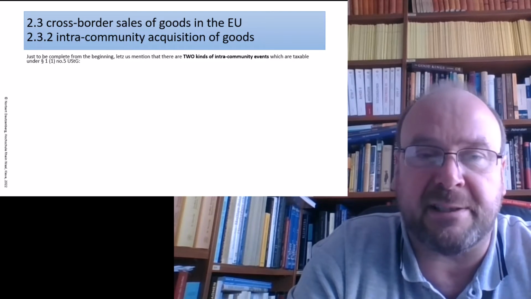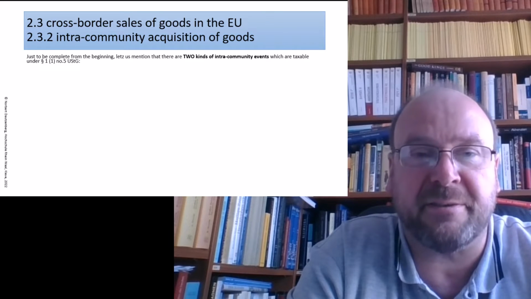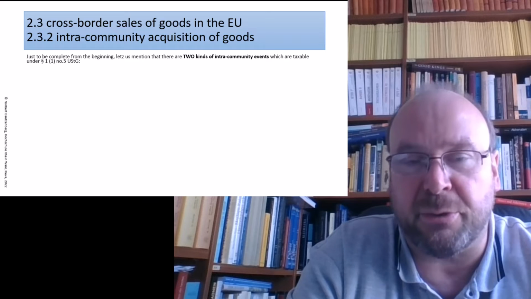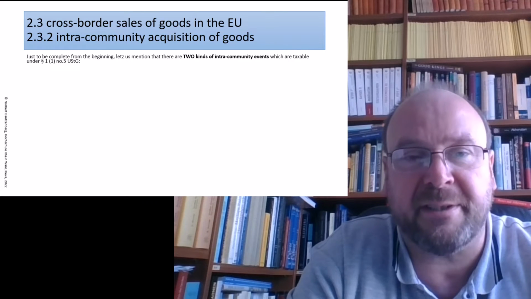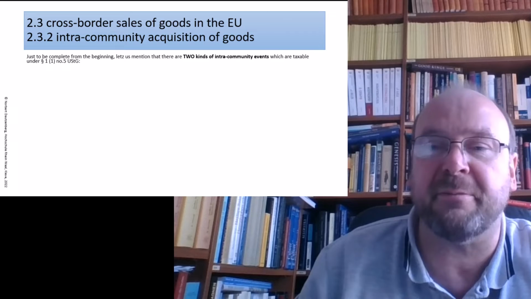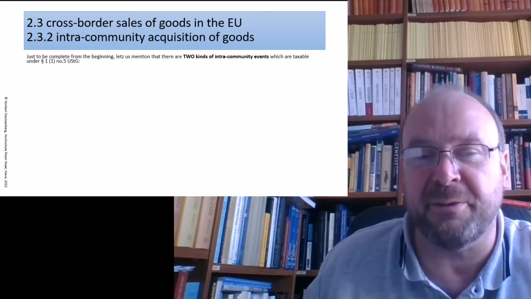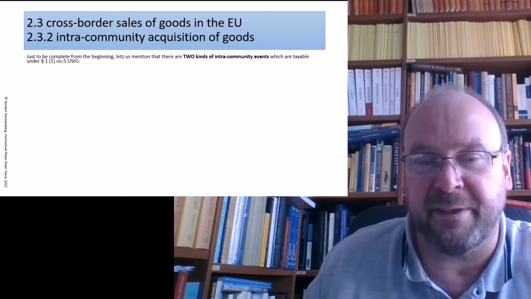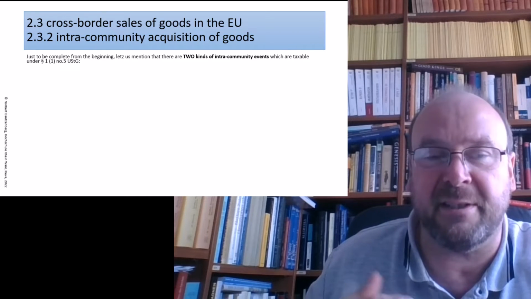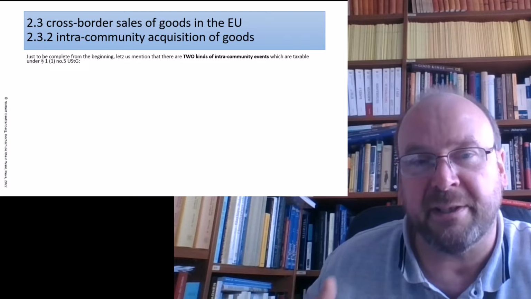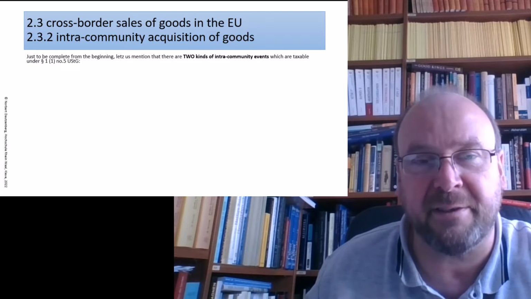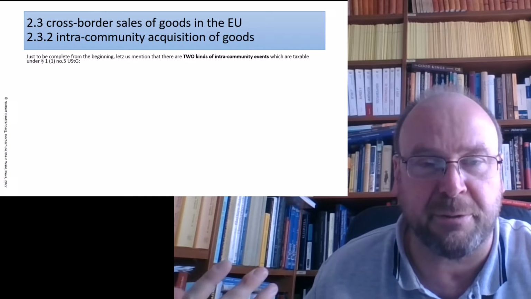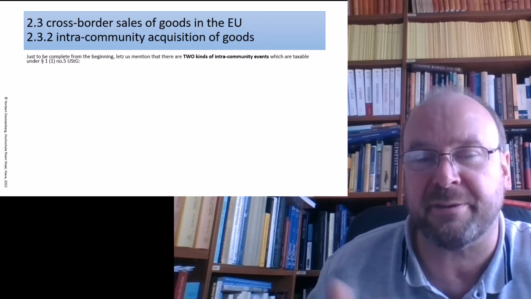Well, now let us have a closer look at the intra-community acquisition events. I just showed you until now the regular case that you purchase something from another member state, but there are two kinds of intra-community events, to be more precise. The intra-community acquisition is designed as an event which rather replaces the importation VAT which we have at the border to third countries.